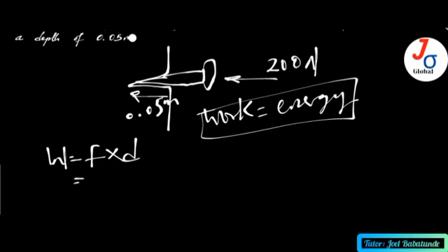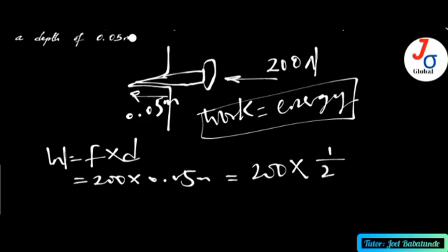So force is 200 newtons. Distance is 0.05 meters. So that's 200 multiplied by 1 over 20, which is 0.05. So 0 cancels out 0, 2 here, 1, 2 here, 10.